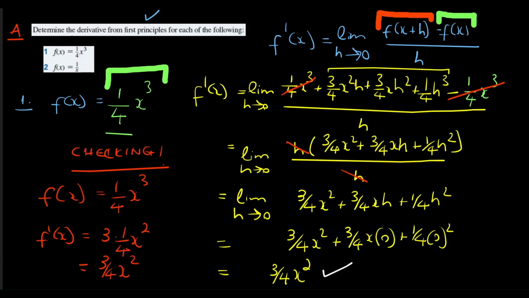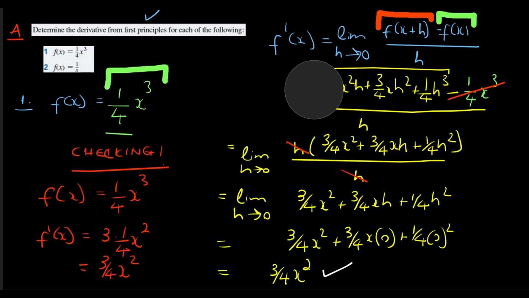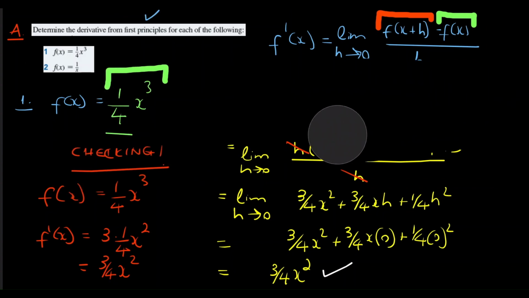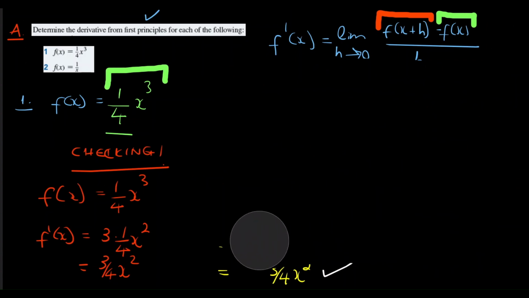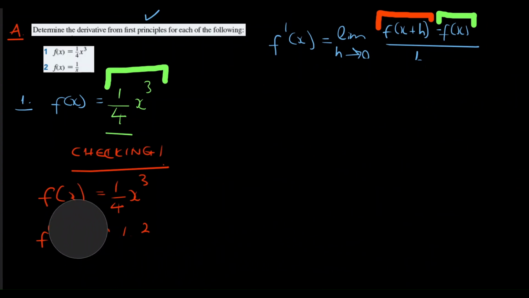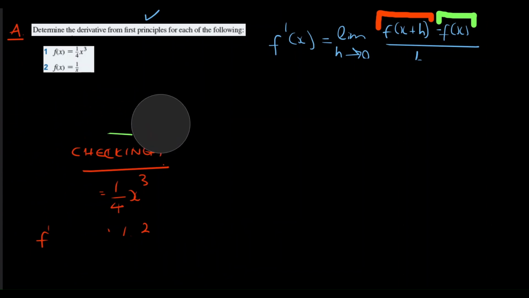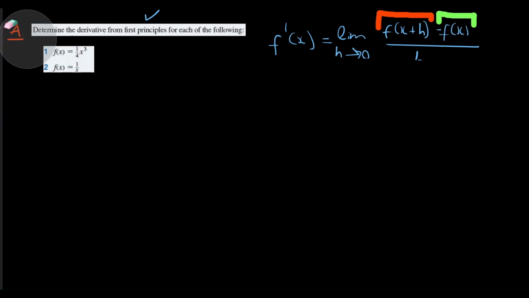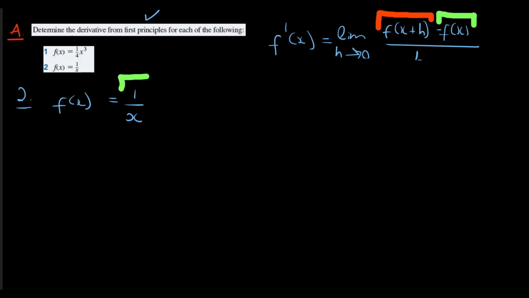In question number 2, they're giving us that f of x is equal to something different now. f of x is equal to 1 over x, meaning our new f of x is 1 over x.